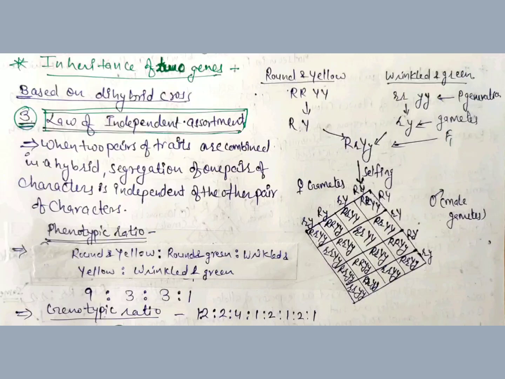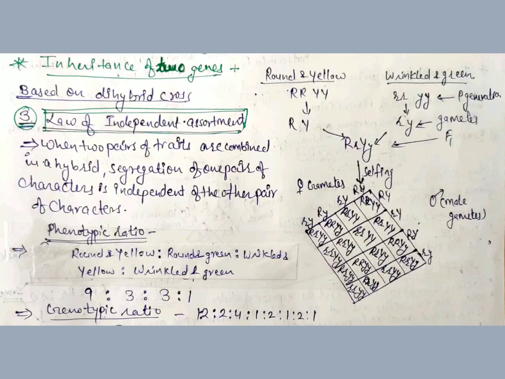Let's see how. Considering the segregation of one pair of genes, that is capital R and small r, 50% of the gametes will have capital R and the other 50% will have small r. Besides each gamete having either capital R or small r, it should also have the allele capital Y or small y. The important thing to remember here is that segregation of 50% capital R and 50% small r is independent from the segregation of 50% capital Y and 50% small y.